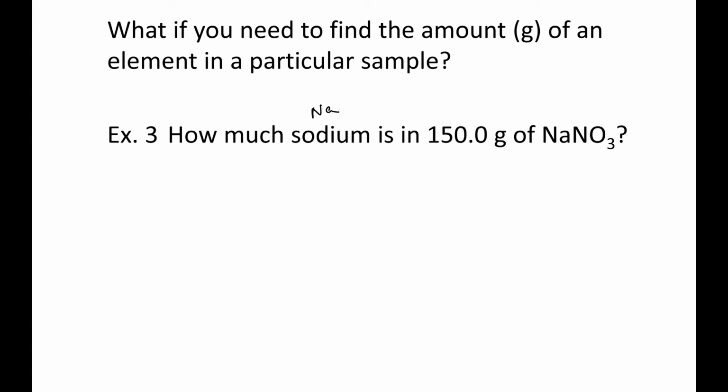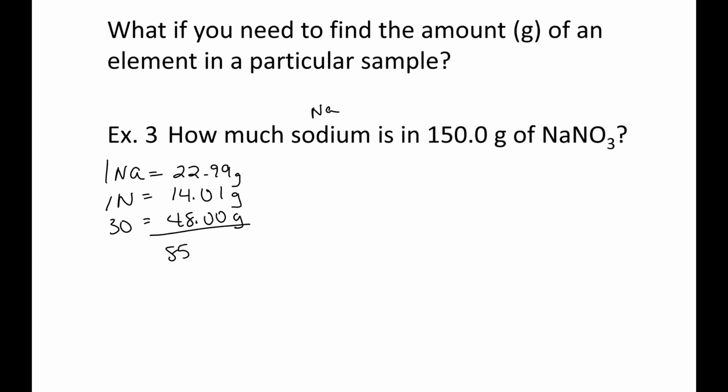Well, we still have to figure out the parts and the whole. So we still have to do 1 Na is 22.99 grams. 1 N is 14.01 grams. And 3 O's are 48.00 grams. So the total is 85.00 grams. That's your compound.